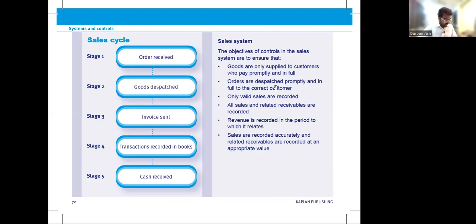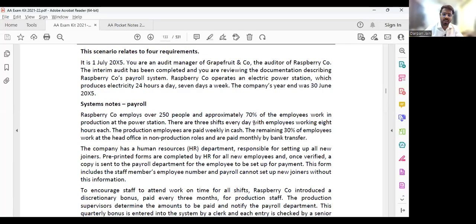Bhumika says we did it. Others, do you remember? Because that question is important. The question of Raspberry. I told you to see the answer to it as homework also. Let me open it for you. And I had given you another question as homework, which was Caterpillar. Yes, see this question. Have we not seen this question? The payroll system of Raspberry company.